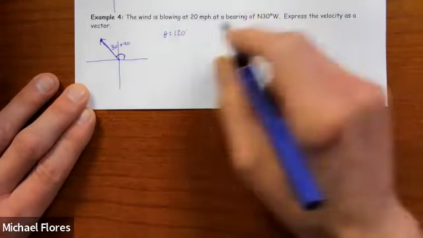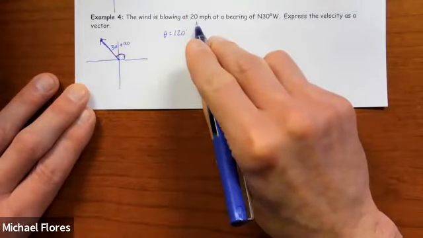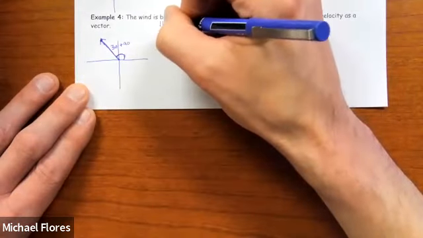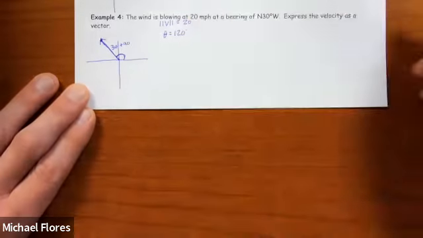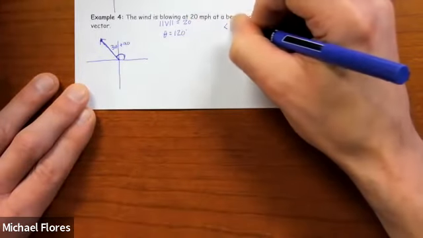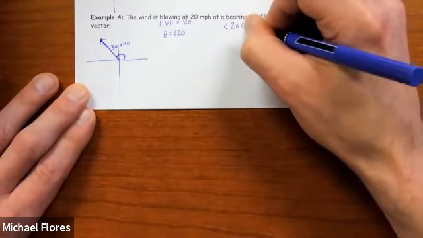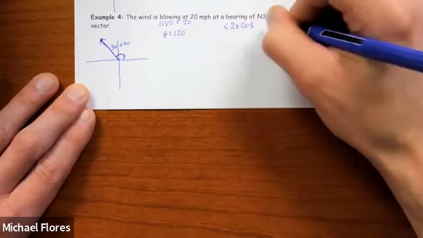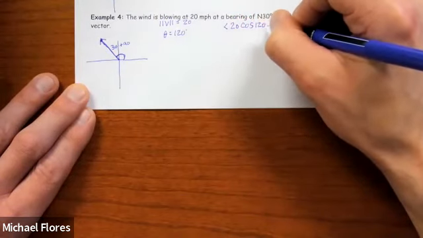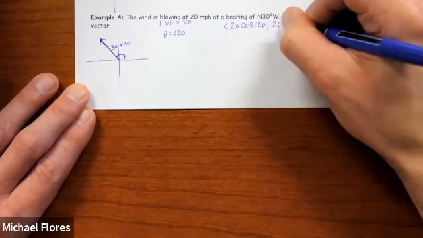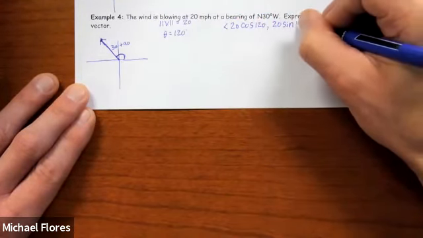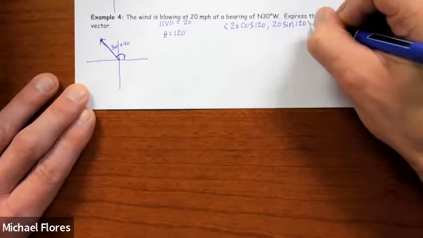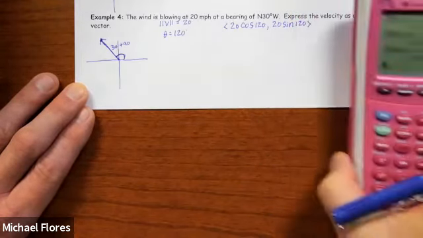We have a magnitude of velocity of 20 miles per hour. Let's plug this into component form. Magnitude cosine angle, magnitude sine angle. Calculator time.